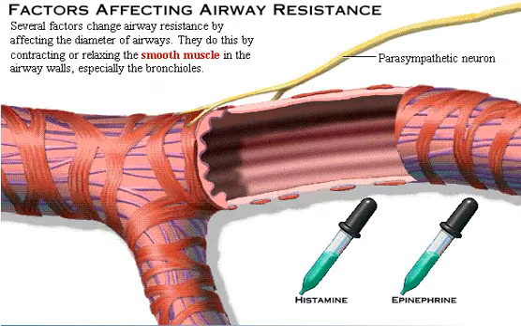Several factors change airway resistance by affecting the diameter of the airways. They do this by contracting or relaxing the smooth muscle in the airway walls, especially the bronchioles. Click the nerve and the droppers to see how they affect airflow.